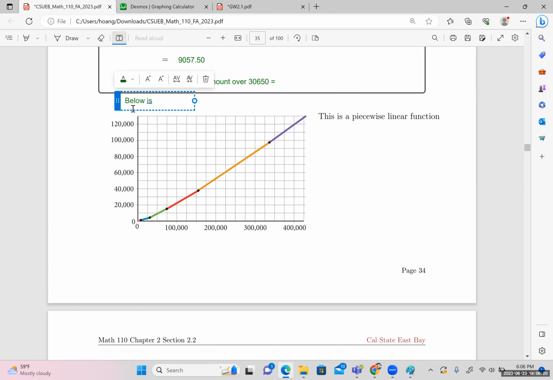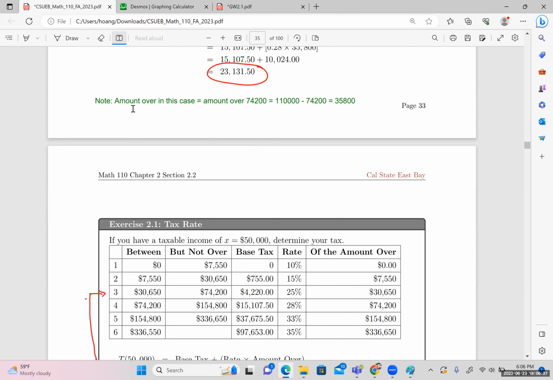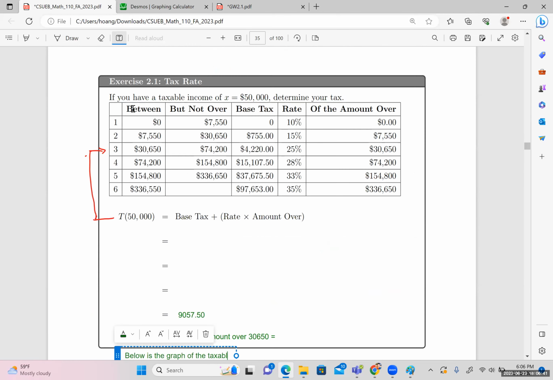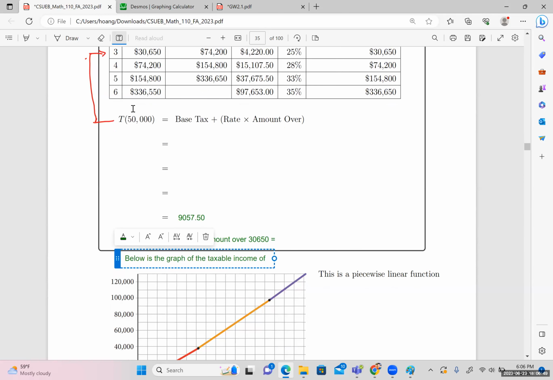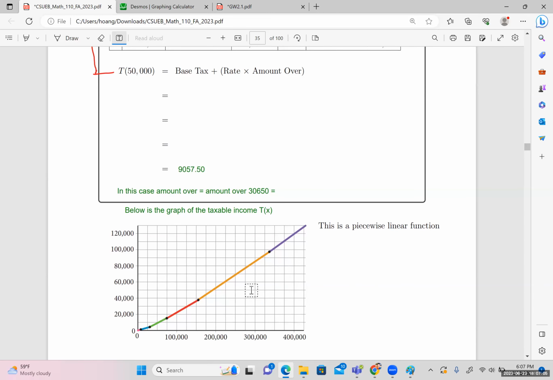Below here is the graph of taxable income, T of X. What I do is, I have the vertical axis as the tax T of X in dollars.